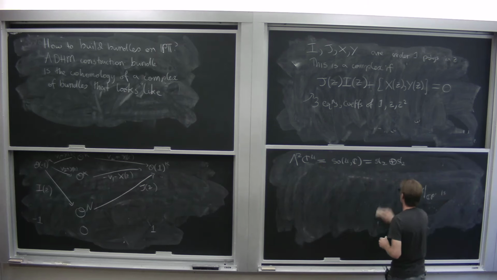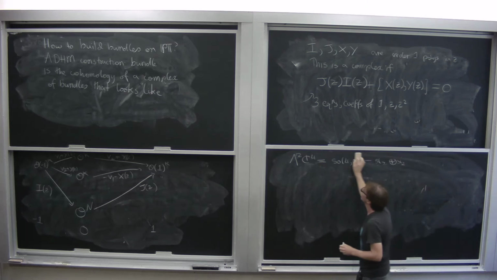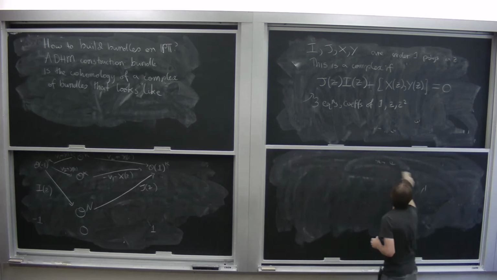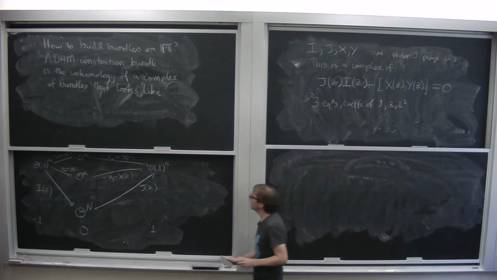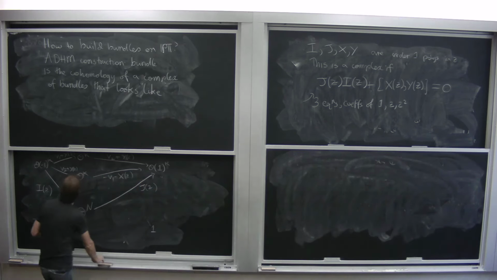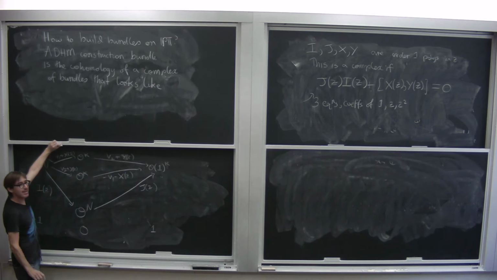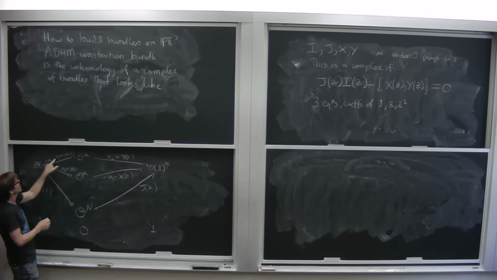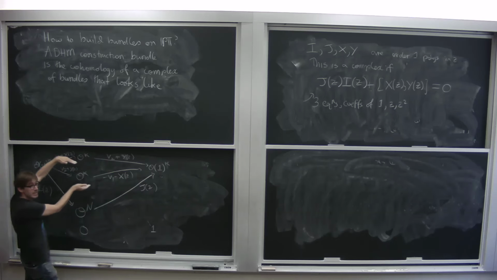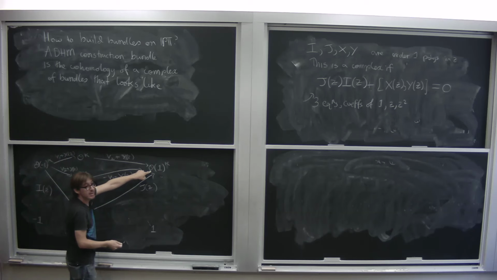Is there a reason to look at complexes of this form? Yeah. So let's look at what happens when V is very large. Then I can drop all of these X, Y, I, and J. They're kind of subleading. And then this top piece is the Koszul complex, which resolves the structure sheaf of CP1.